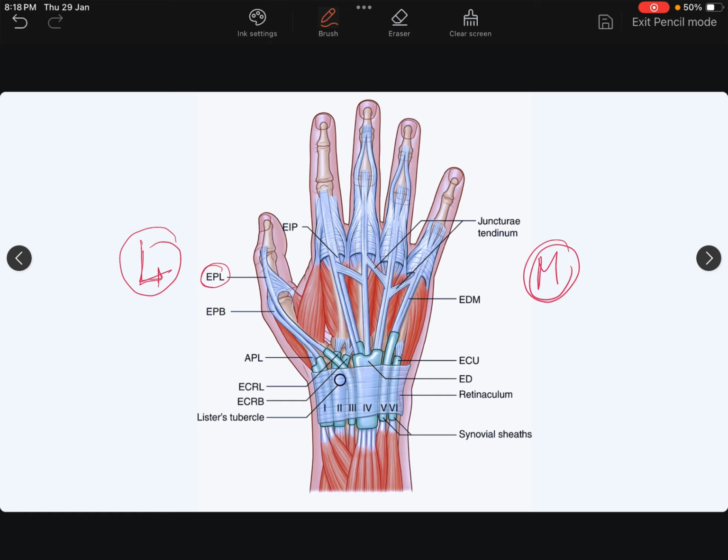This is extensor pollicis longus, this is extensor pollicis brevis, this is extensor carpi radialis longus tendon, and this is extensor carpi radialis brevis.